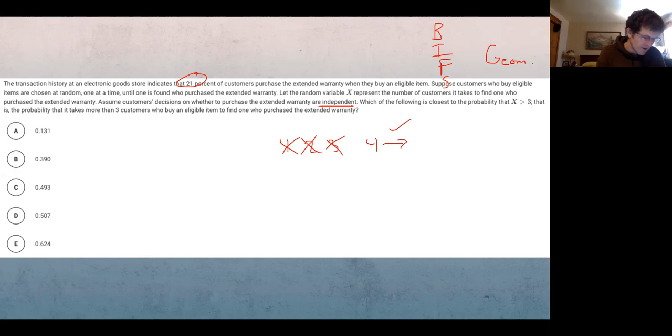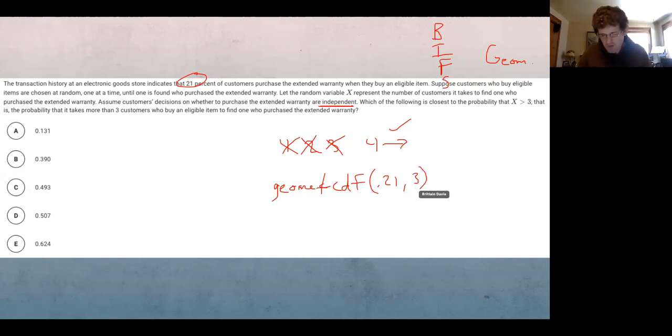All right, so all I need to do in this case is use my geometric CDF. This is cumulative probability. I've got a 0.21 probability of success, and I want to go all the way up until the third customer.